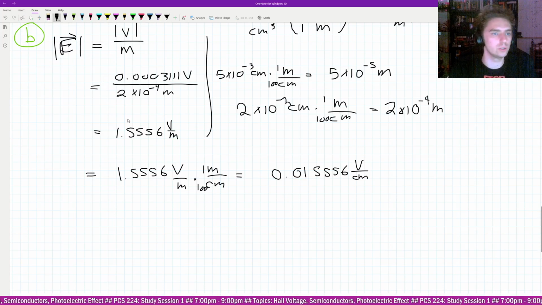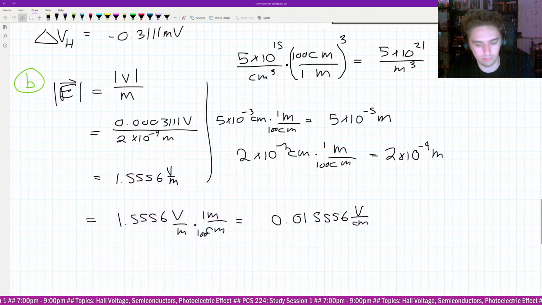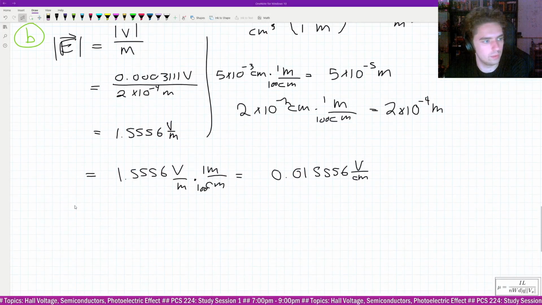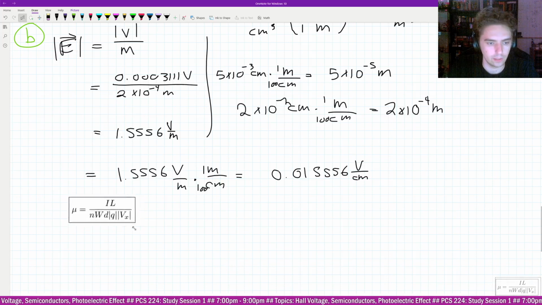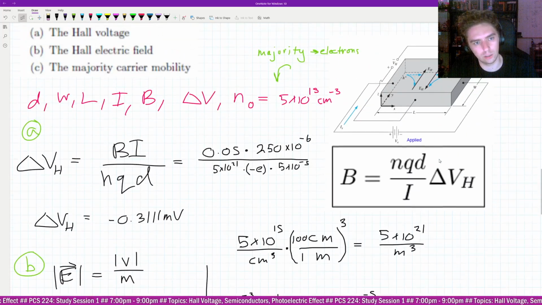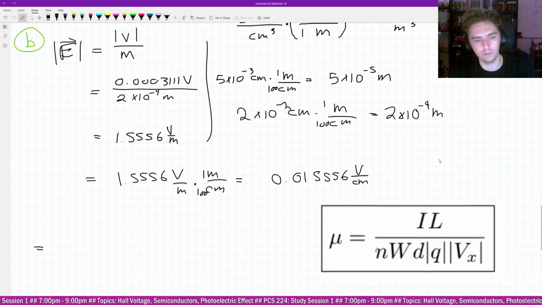Okay. So the majority carrier mobility can be determined using just an equation that was given to us right here. It's this equation right there. Everything we know, plug everything in. So current was 250 microamps.